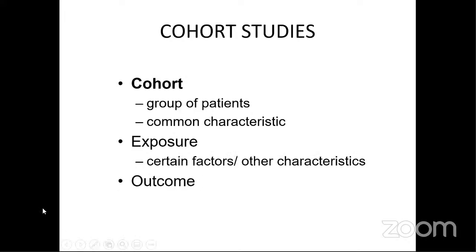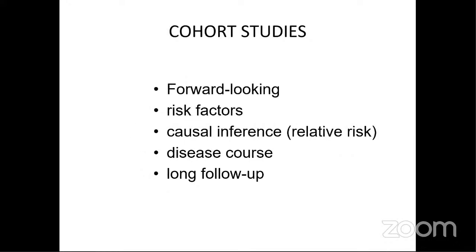Your exposure would have certain factors and other characteristics that will bring about an outcome. Okay. So this outcome is monitored for a period of time. All right. So your cohort studies would be forward-looking. It would look at risk factors. Remember your causal inference when you were in second year.